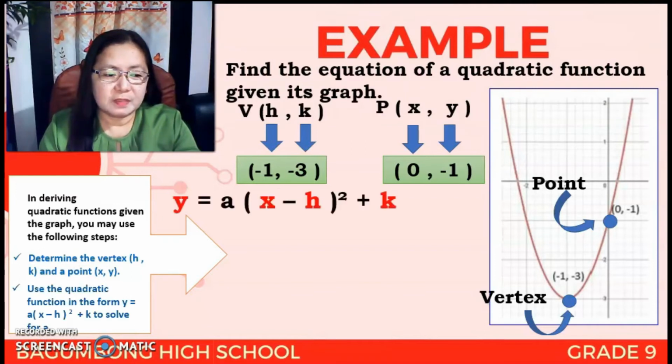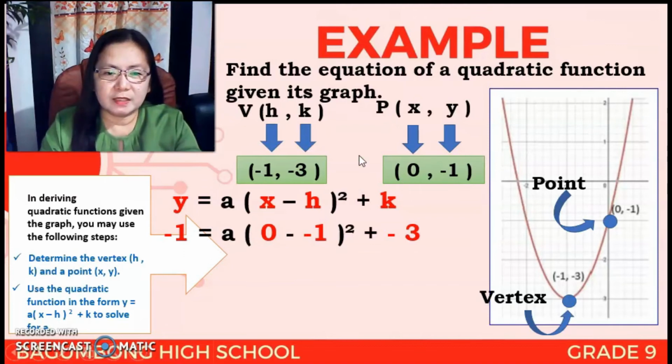Next step, use the quadratic function in the form y is equal to a times the quantity (x minus h) squared plus k to solve for a. So, the replacement for y is negative 1. Replacement for x is 0.